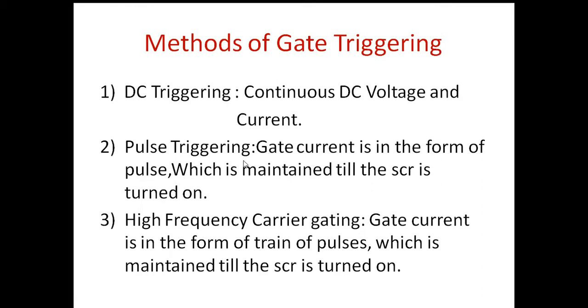In pulse triggering, the gate current will be in the form of pulses. These pulses will be maintained until the SCR is in conduction. In high frequency carrier gating, we are using a continuous train of pulses, which will appear across the gate terminal of the SCR.